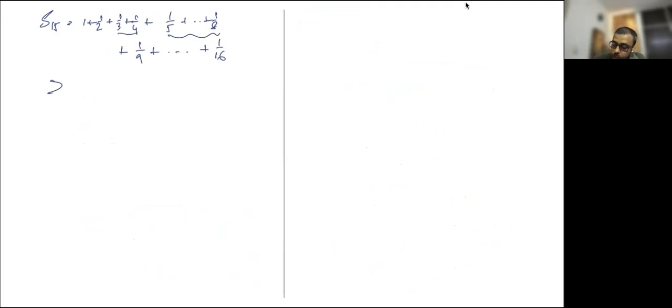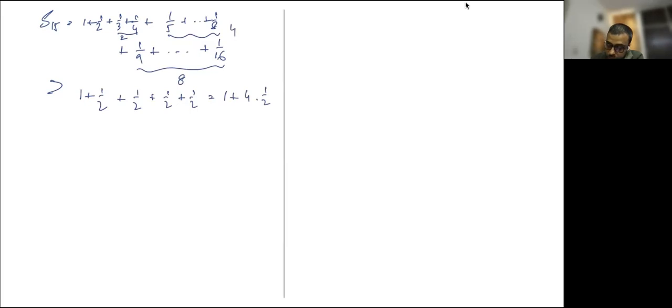Each term here you replace by the last one, 1/4. Each term here you replace by the last term, the smallest one, that is 1/16. There are 8 terms here, 4 terms here, 2 terms here. So when you add them up, you get 1 plus half, then another half, then another half, then another half. So that is 1 plus 4 times half. Okay.